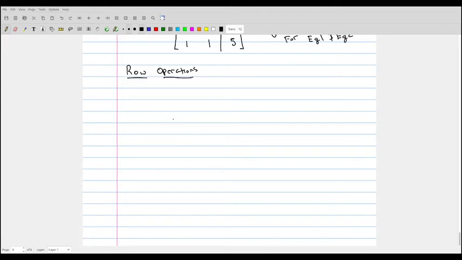So from these properties, we have the following row operations.